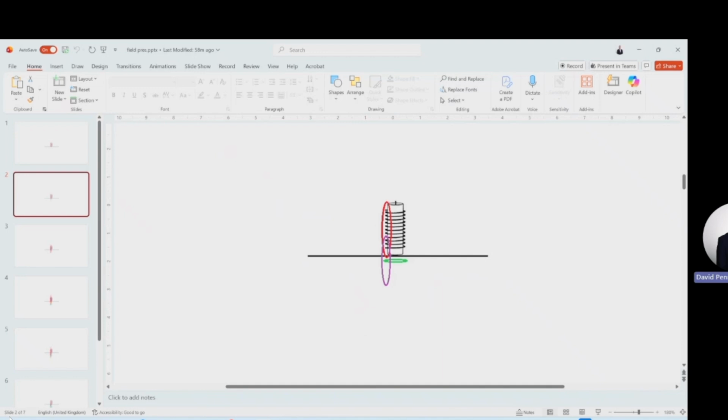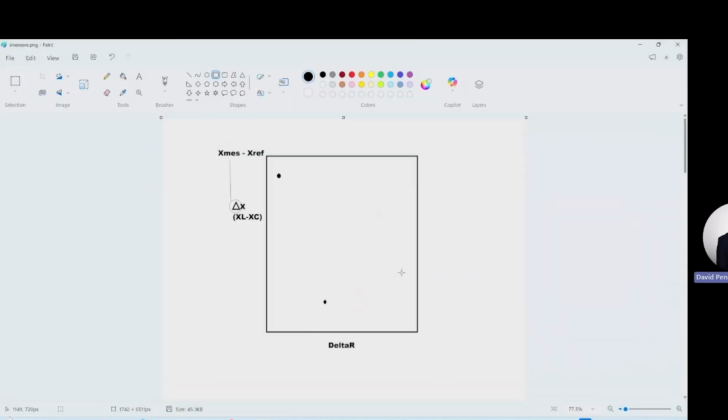that inductive reactance. So if we go to a diagram like this, this is your impedance plane. Just take a look at the y-axis here. Sometimes you'll see these pictures labeled up as XL, sometimes XL minus XC. So the net result, the net sum of the two reactances. Sometimes you'll see it as delta X, X being the net sum of the two reactances, one subtracted from the other.